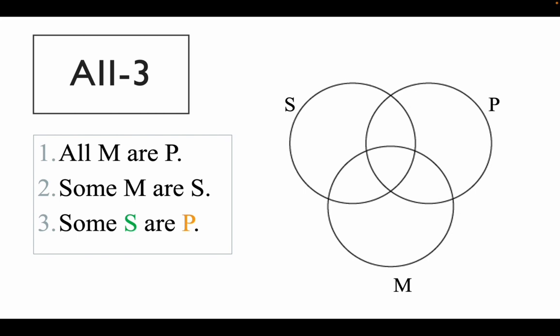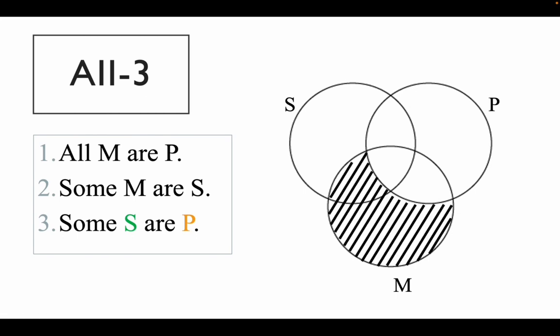But let's go back to AII3. Diagram the first premise, all M are P. Then the second, some M are S. Now you notice that there's only one place where I can put the X such that I diagram exactly some M are S. And that place is right there. I cannot put the X here because it's already shaded.